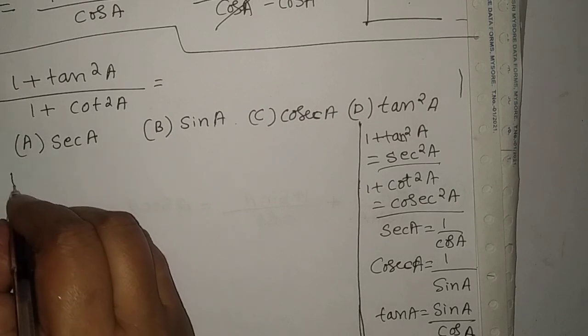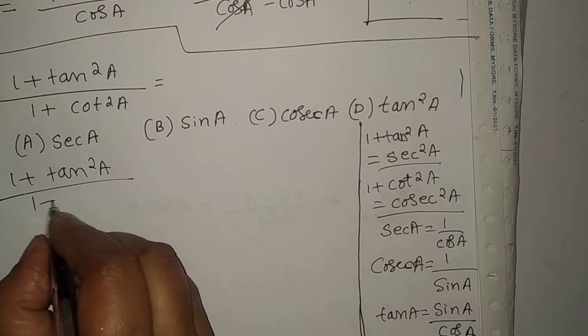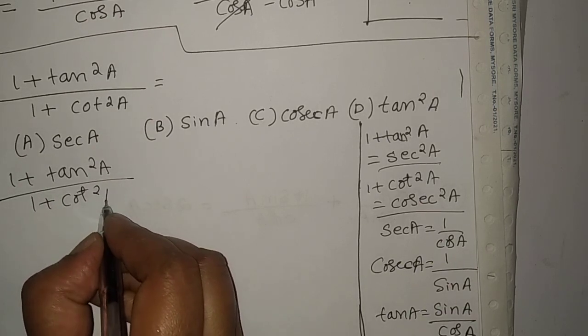Now take the expression (1 plus tan square A) by (1 plus cot square A).